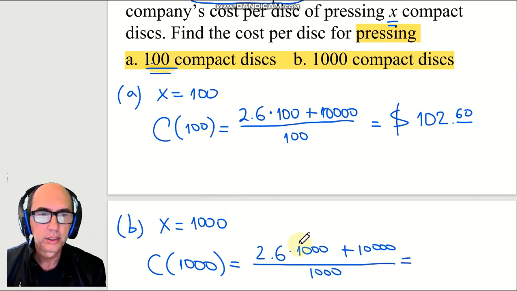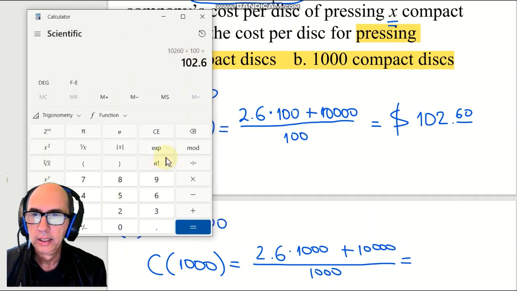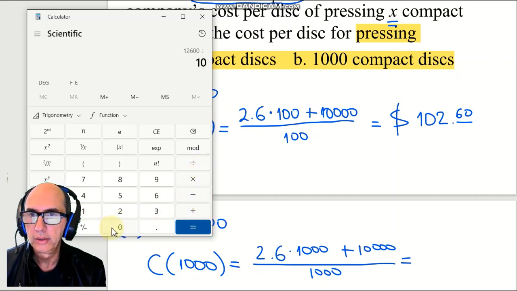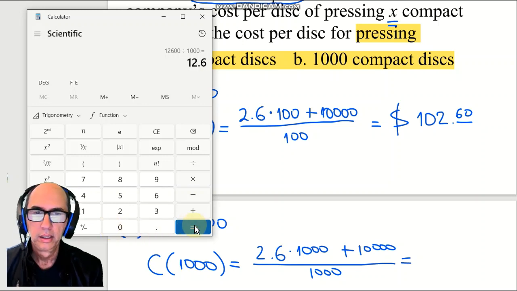And now for the cost, you need the calculator again: 2.6 times 1,000 plus 10,000 equals, divided by 1,000. 12.6.